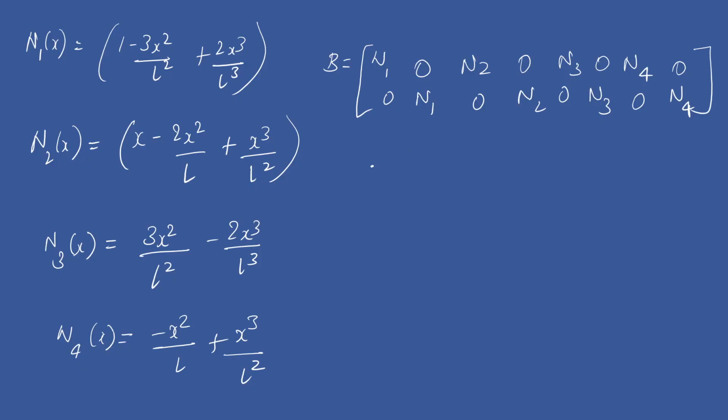So this is your B matrix, which you can utilize for obtaining your stiffness matrix.